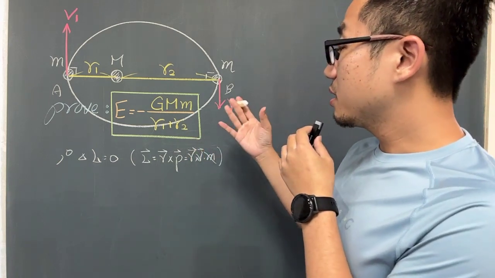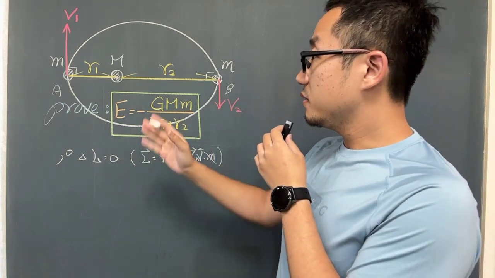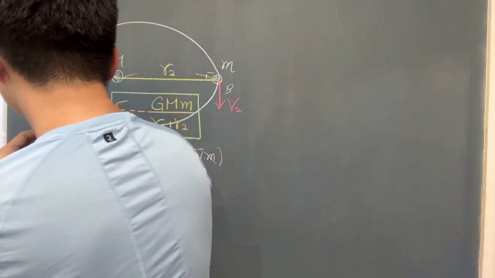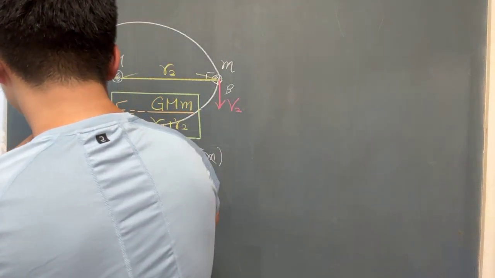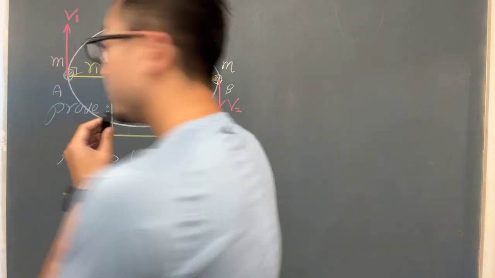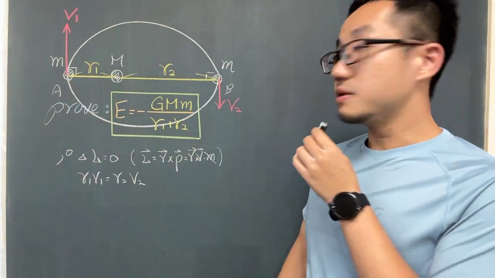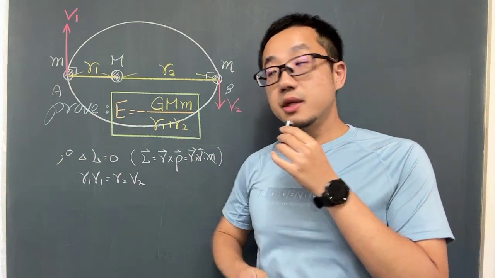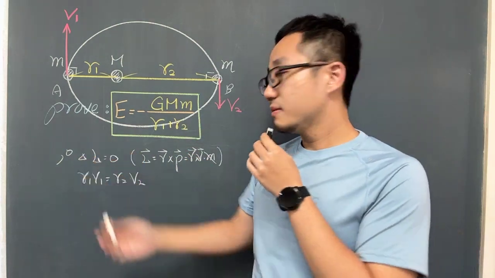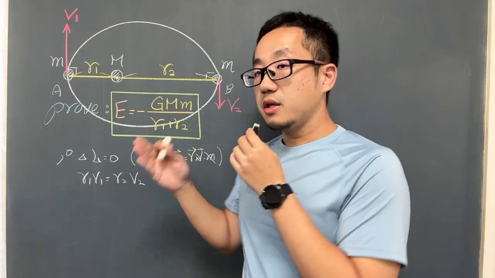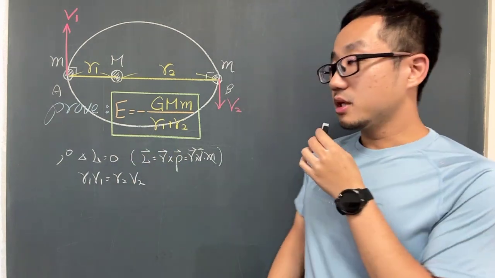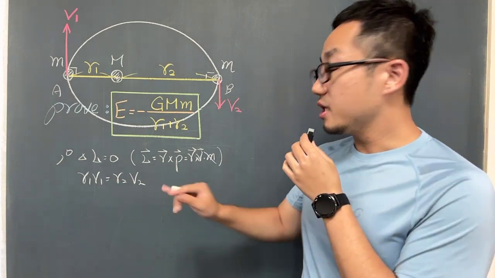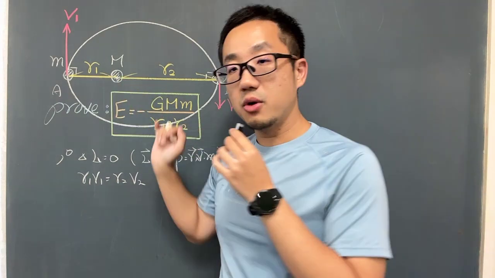So simply by comparing the angular momentum at the 2 points, I can write it down as r1 v1 equals r2 v2, where v is the velocity at point A and point B.